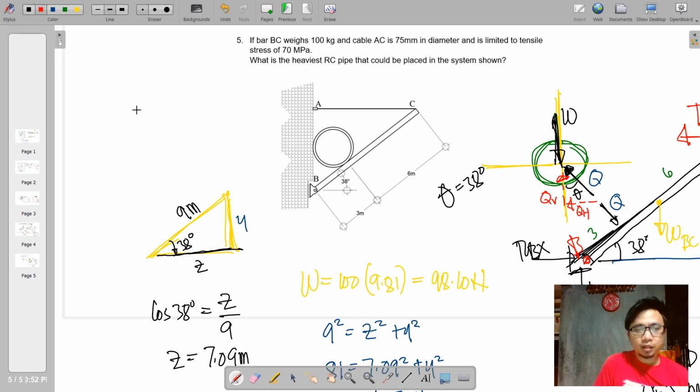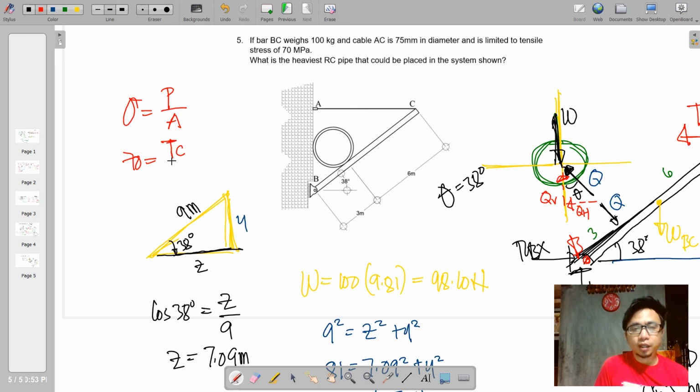So basically, sigma is equal to P over A. Sigma is 70, and P is the tensile force at C, TC.